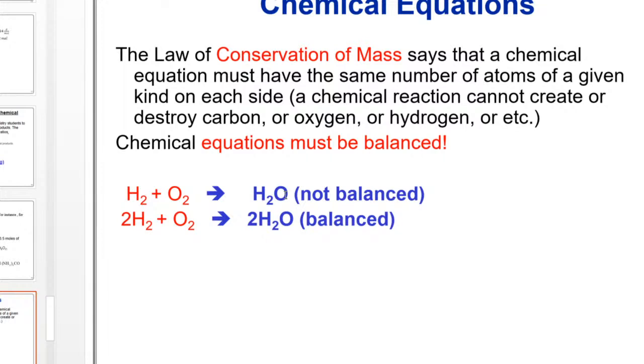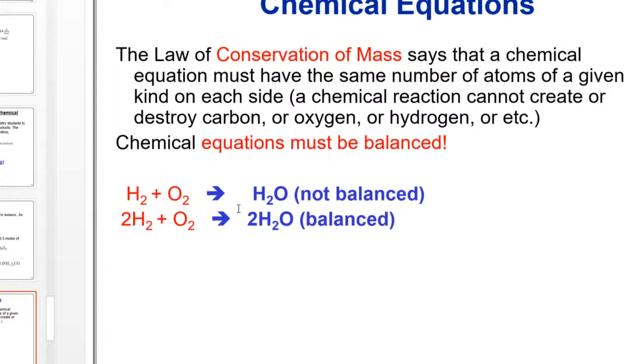We are able to see that on the left-hand side we have 2 atoms of hydrogen. We are looking at the first reaction. There are 2 atoms of hydrogen on the right-hand side. But when you come to oxygen, we have got 2 atoms of oxygen on the left-hand side, but 1 on the right. That is what makes this equation not balanced.